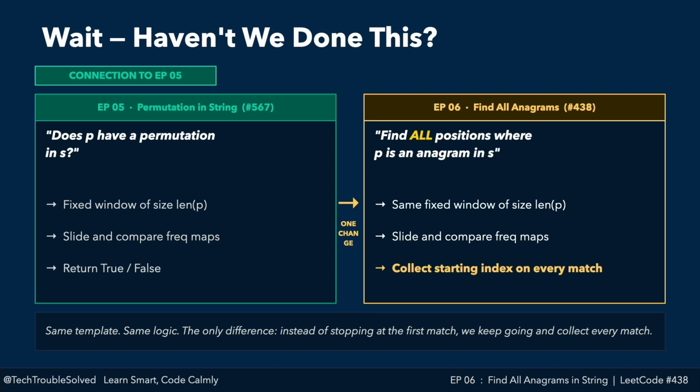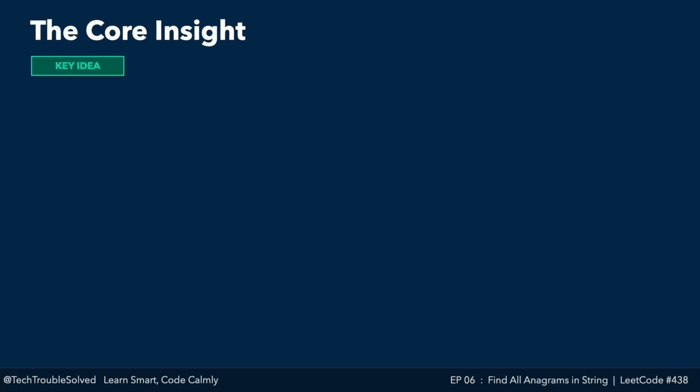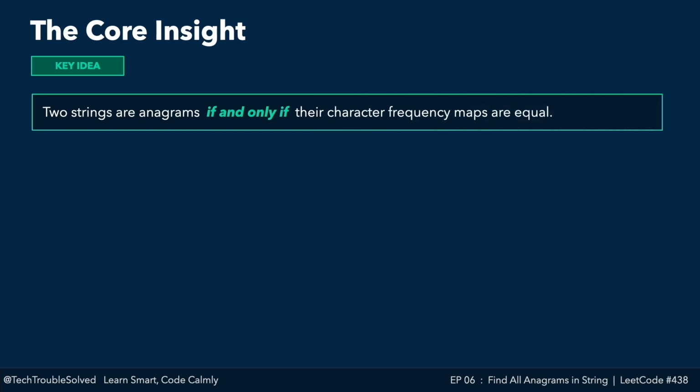We will get there. Before we look at any code, I want to make sure the core idea is completely clear. Two strings are anagrams if and only if their character frequency maps are equal. That's it. That's the whole mathematical foundation of this problem. What does that mean in practice? P is ABC.